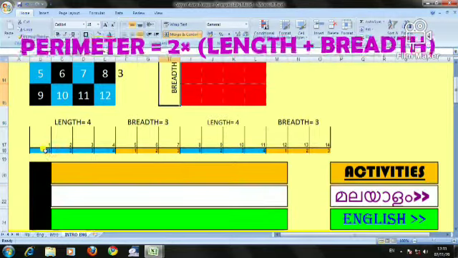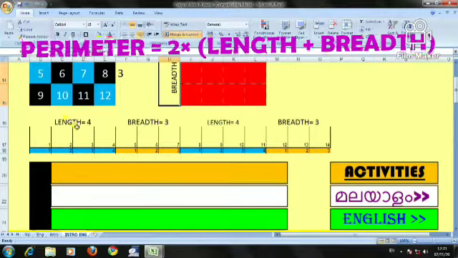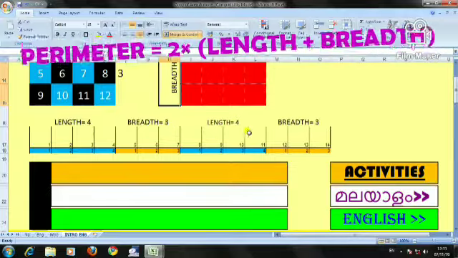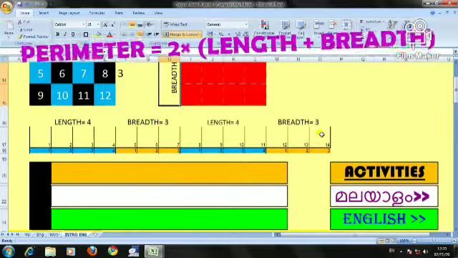Let's look here. It is extended like this. 4 here length, then breadth 3, second length is 4 again, and second breadth 3 again. Altogether, how can we see?